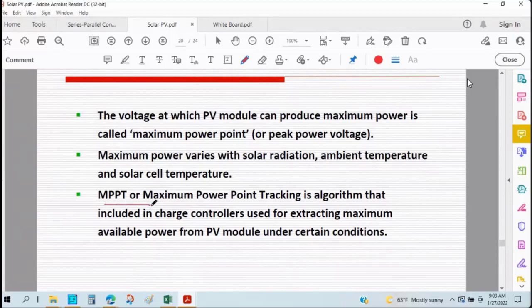And MPPT, or maximum power point tracking, is an algorithm included in charge controllers used for extracting maximum available power from the photovoltaic module under certain conditions. That means we have to apply this algorithm. Otherwise, it might not be possible for us to extract the maximum power from the solar panels.